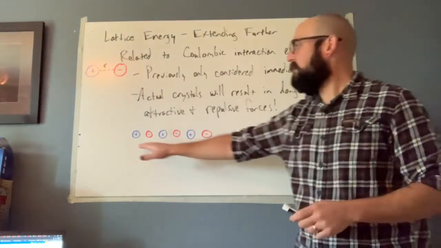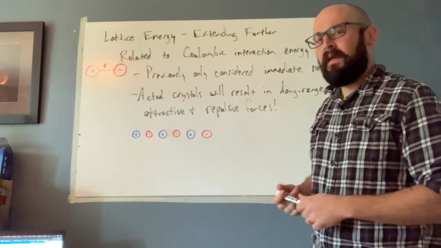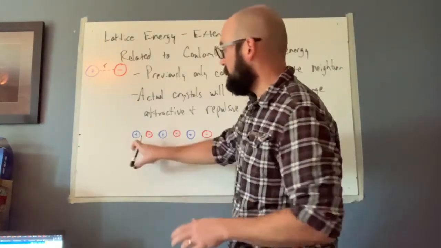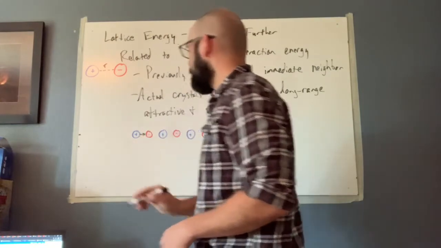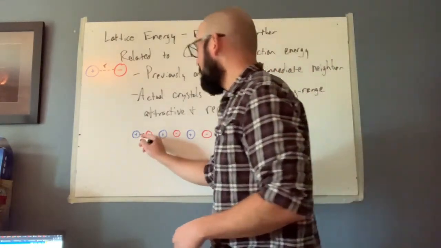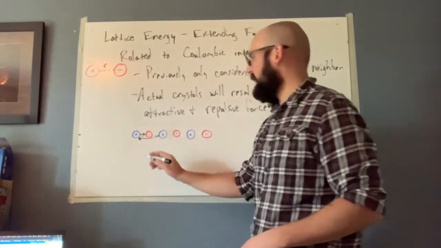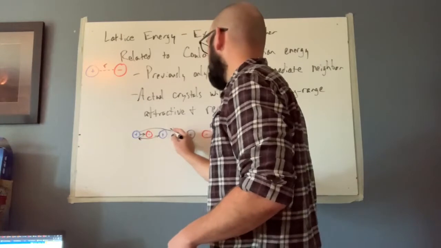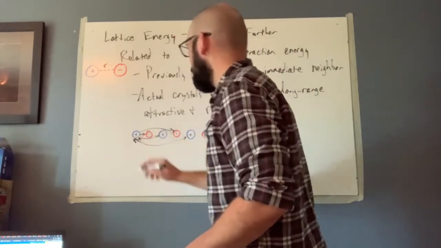So, for instance, I only have a line of ions that are shown here. And we can see how if we choose this cation on the far left-hand side, we have an attractive force between this nearest anion. But then we have repulsive forces between these two cations. And then, again, attractive forces here and repulsive forces, and so on and so forth.